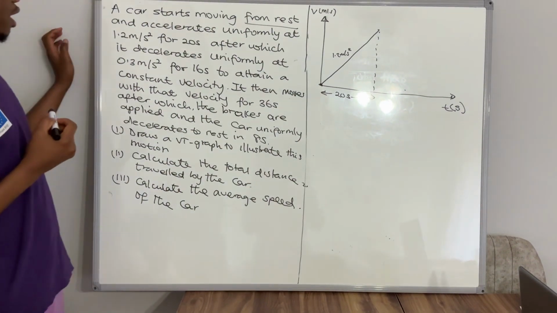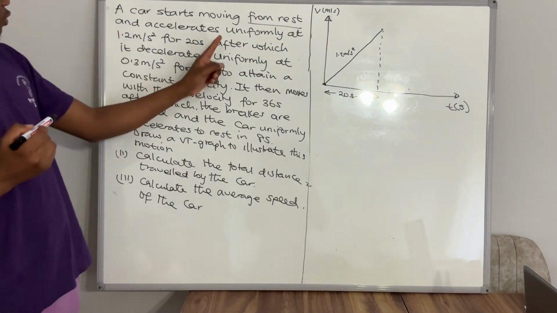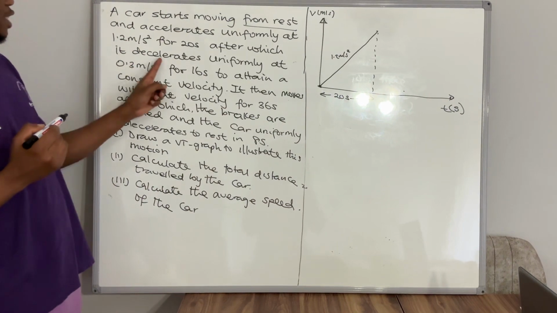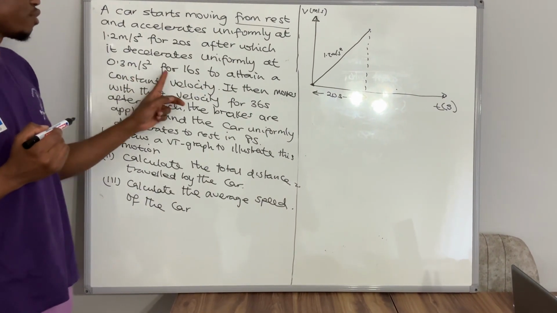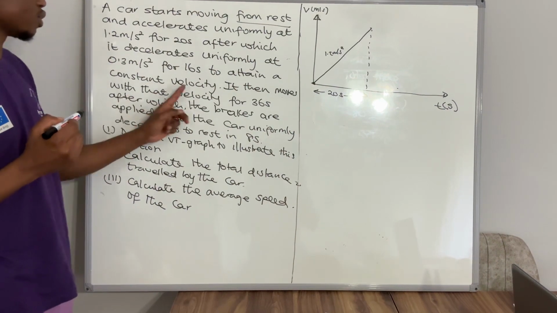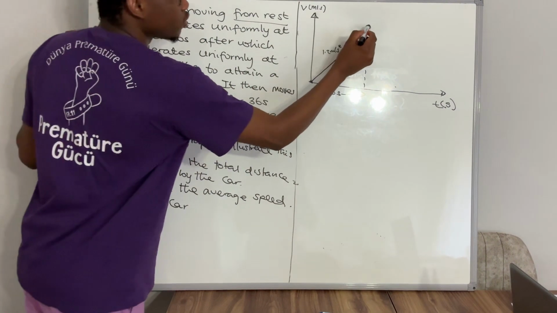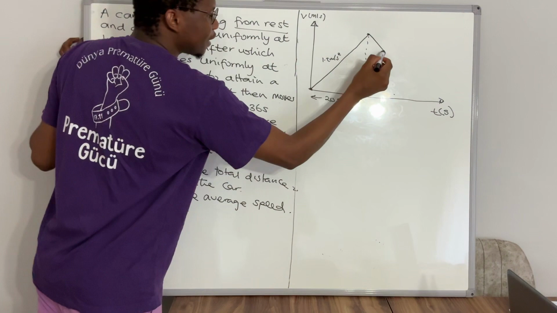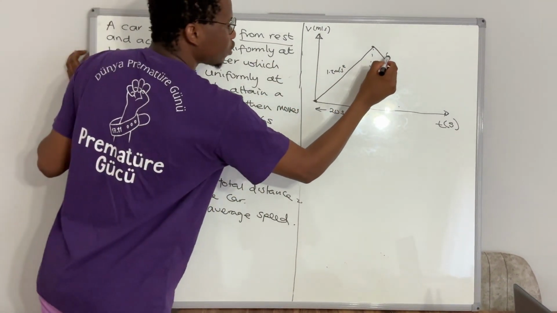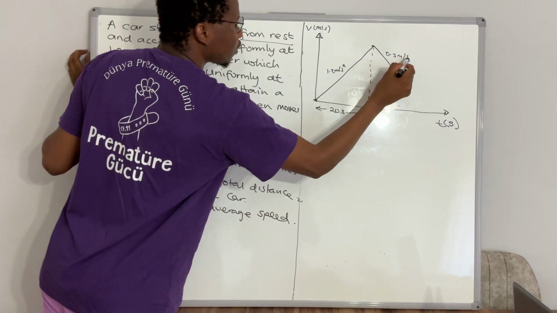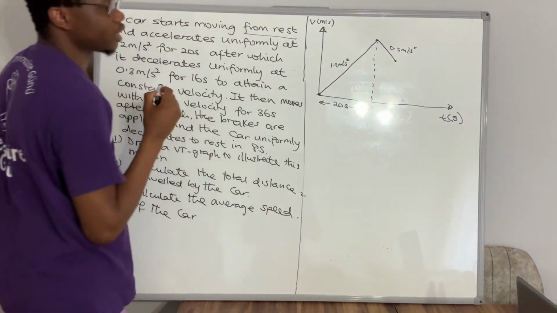Then what happens after that? After which it decelerates uniformly at 0.3 meters per second squared for 16 seconds to attain a constant velocity. So from this point, the car decelerates uniformly at 0.3 meters per second squared. This is also a deceleration, okay?